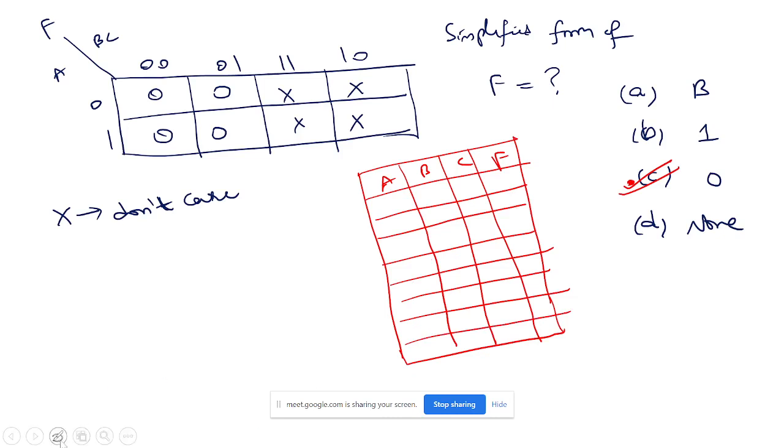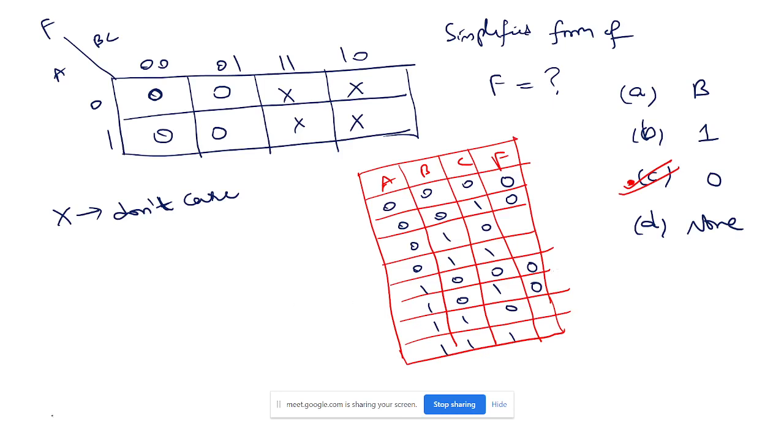So if I write the combinations, 0 0 0, 0 0 1, 0 1 0, 0 1 1, 1 0 0, 1 0 1, 1 1 0, 1 1 1, right? So if ABC is 0 0 0, F is going to become 0. That's what they are saying, right? If ABC is 0 0 1, F is 0. 1 0 0 also 0. 1 0 1 is also 0.